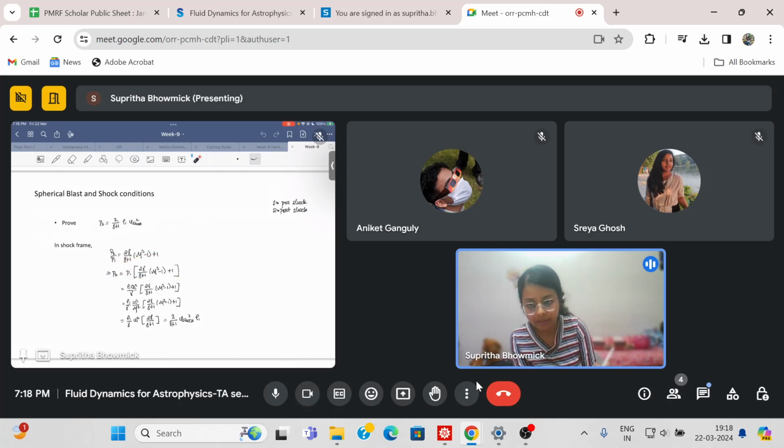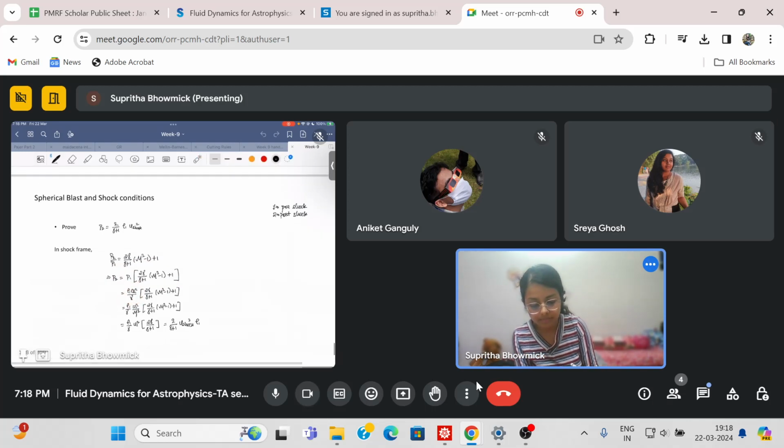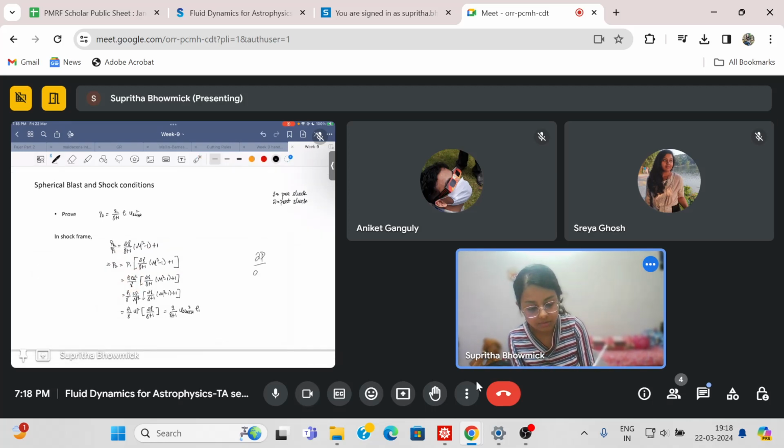Then I will substitute P1 with rho 1 CS1 square by gamma. Why is that? Because del P del rho is gamma P by rho, which is CS square, the speed of sound, right? So P I can substitute with rho CS square by gamma. So P2 becomes this.